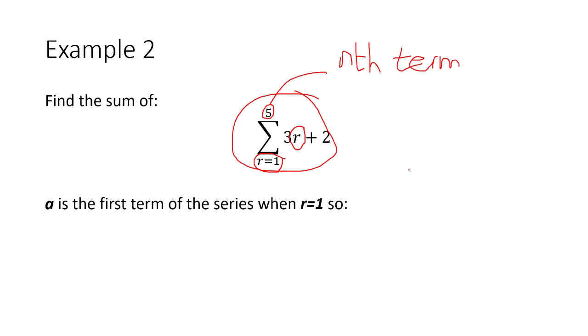First of all, find a, which is when r equals 1. At the bottom of the sigma notation, stick in r equals 1. So 3 times 1 add 2 equals 5, which equals a. Now find the other terms up to 5. I'm going to show you two ways.